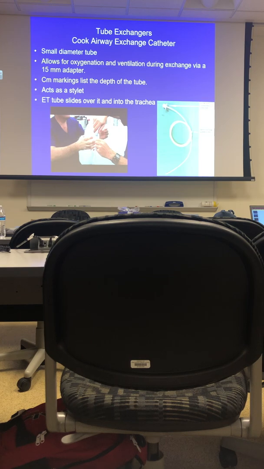All of our tubes have 15 millimeter adapters so that you can attach an Ambu bag to them. The Cook is a hollow tube, so you can ventilate through it.